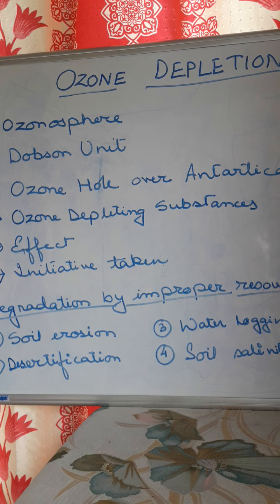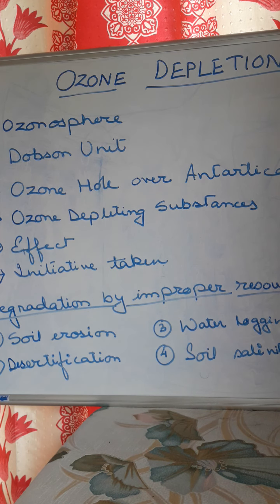Okay, so the ozone depletion part is very, very important. We have discussed the ozonosphere, the Dobson unit, the unit used to calculate ozone concentration, and the ozone hole over Antarctica, caused by ozone depleting substances prevailing in the atmosphere, causing the polar vortex and thus ozone depletion.